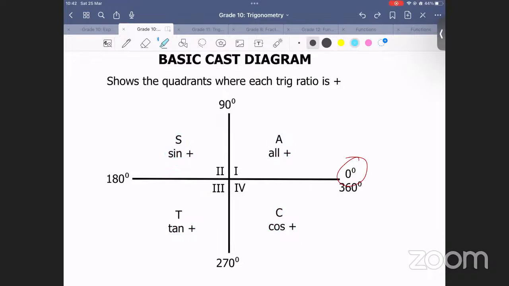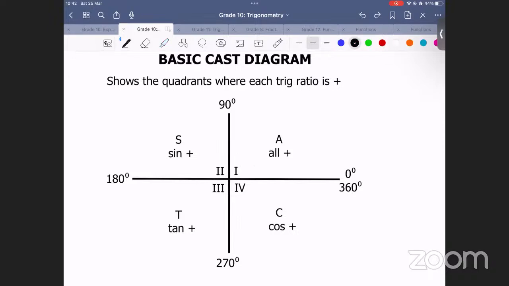Some of you may learn it as All Students Take Calculus, the subject or the target, whichever one tickles your fancy. I'm recommending the subject.